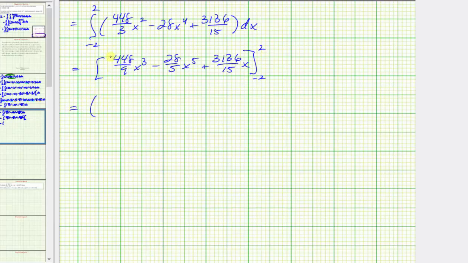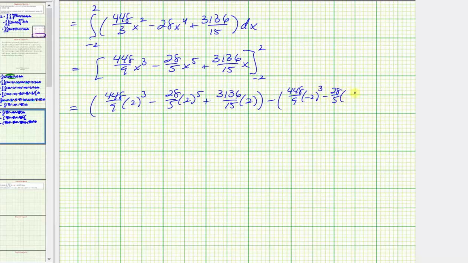So when x equals 2, we're going to have 448 ninths times 2 to the third minus 28 fifths times 2 to the fifth plus 3,136 fifteenths times 2 minus, and then we substitute negative 2 for x, 448 ninths times negative 2 to the third minus 28 fifths times negative 2 to the fifth plus 3,136 fifteenths times negative 2.